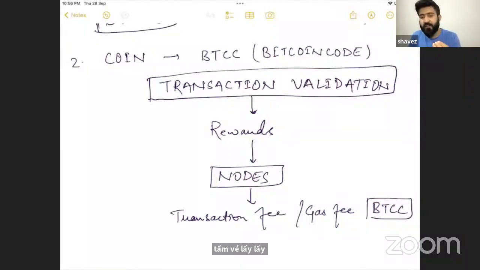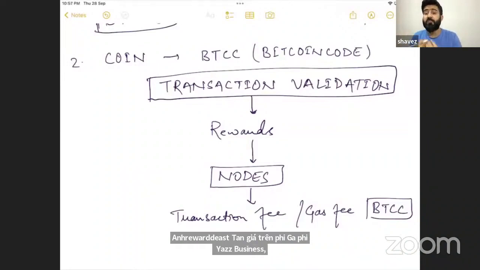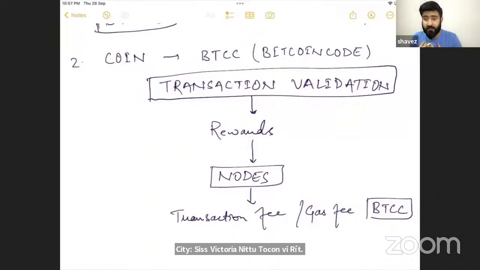And reward is transaction fee, gas fee. Gas fee is BTCC, since BTCC is our native token, which is coin, because it is our native token. Okay.